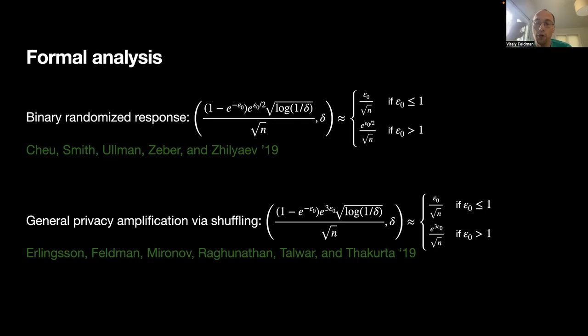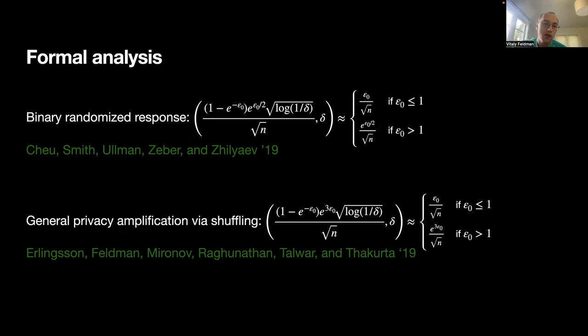But once you amplify it by the square root of n, we first exponentiate it to e to the epsilon 0 over 2, and then you divide by square root of n, it can bring it down below 1 for reasonable values of epsilon 0 and n. And as we'll discuss, the specific exponent that we get, this e to the epsilon 0 over 2 in the regime when epsilon 0 is larger than 1, is basically the main topic of this talk.